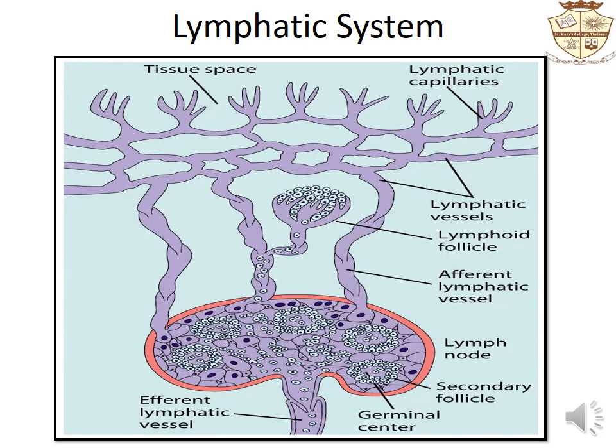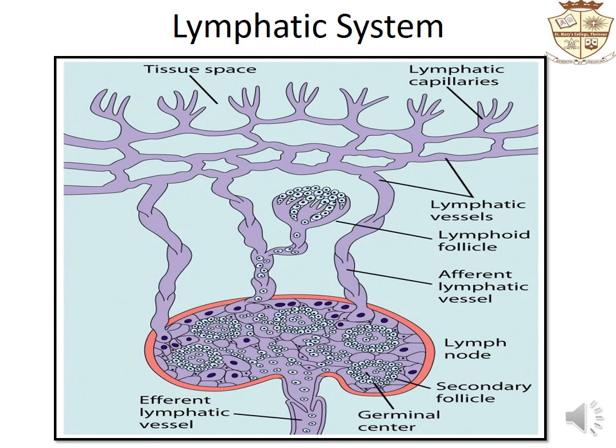Lymph flows through the tiny lymphatic capillaries, and then through a series of larger collecting vessels known as the lymphatic vessels. The afferent lymphatic vessels carry the lymph into the lymph node.